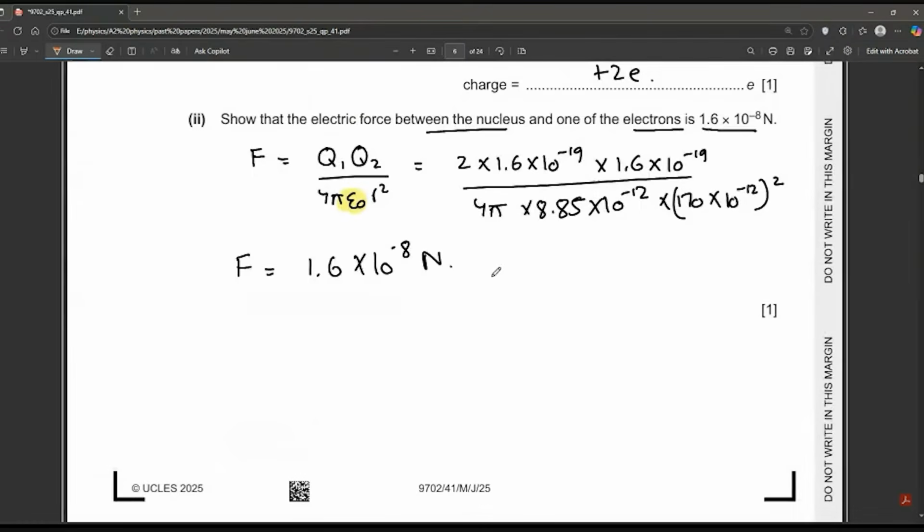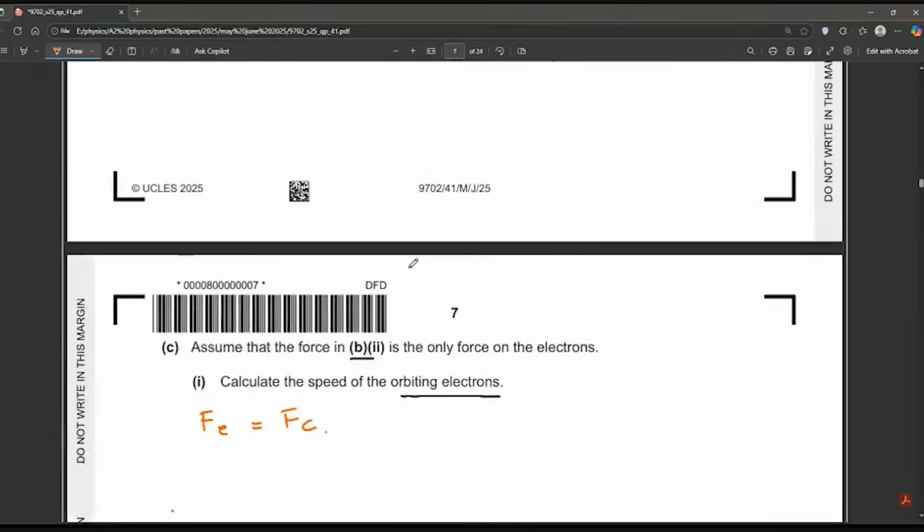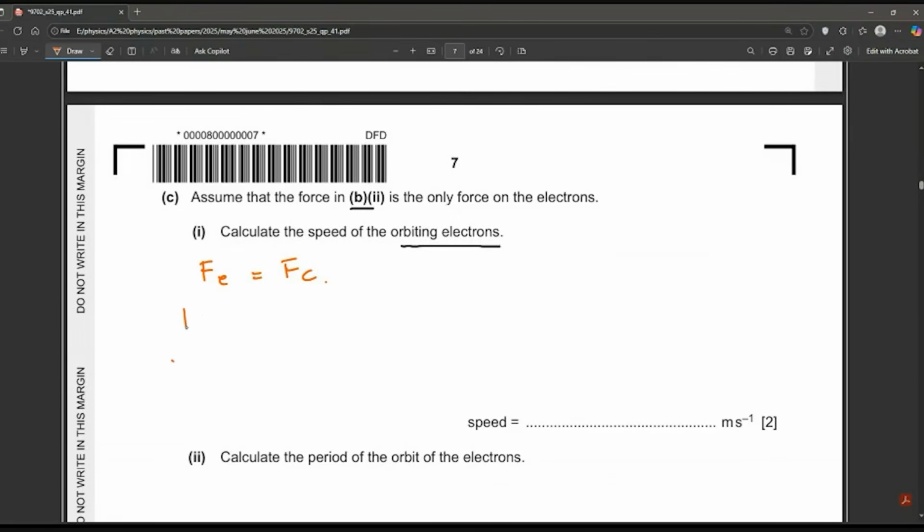What is the electric force coming out to be? 1.6 into 10 raised to the power of minus 8. What is the formula of centripetal force? mv square over r. Do you know the mass of these electrons? Yes, the mass of an electron is equal to 9.11 into 10 raised to the power of minus 31 kg.